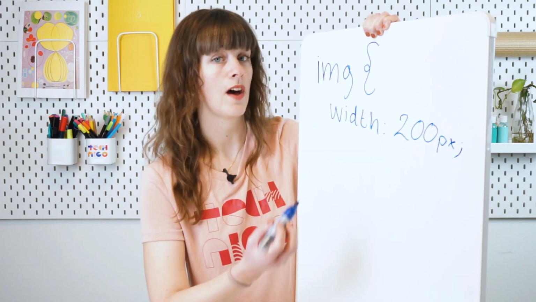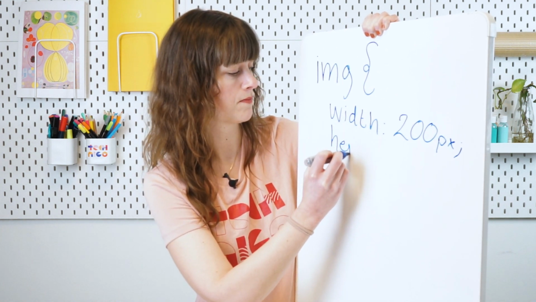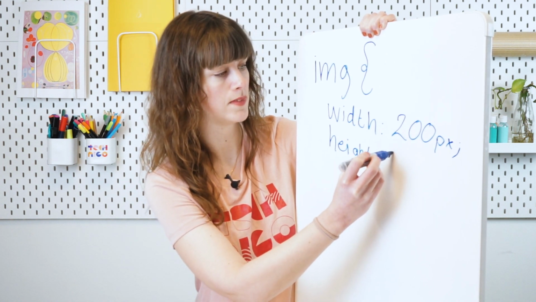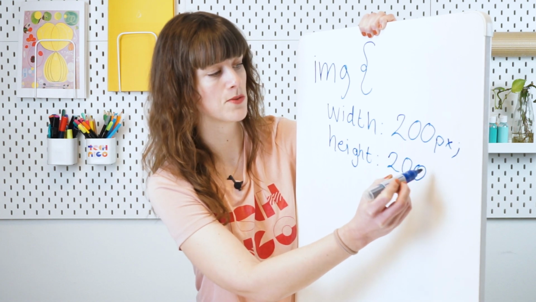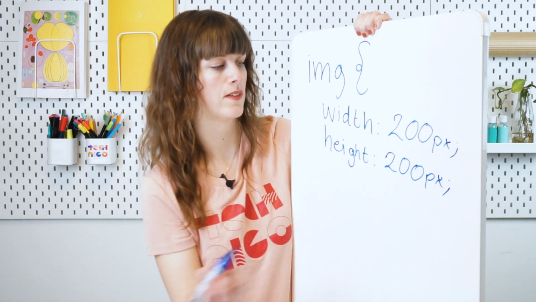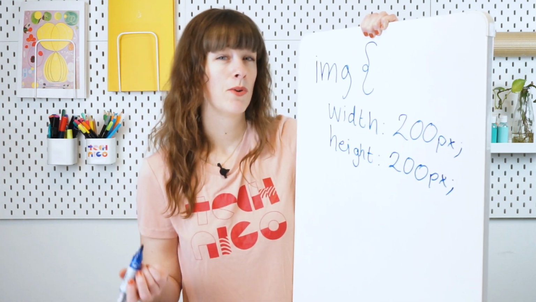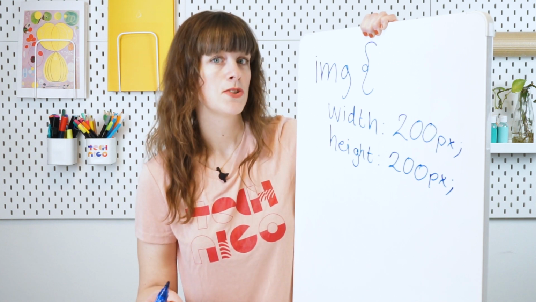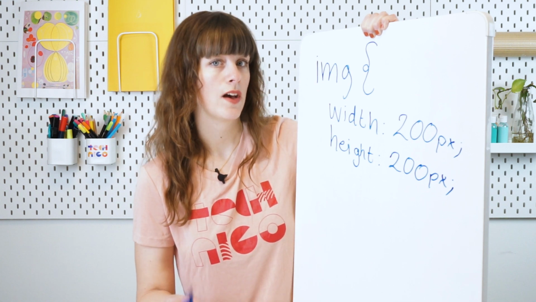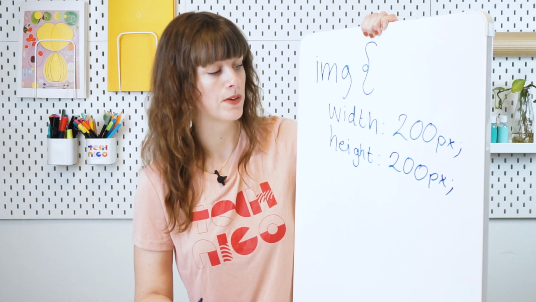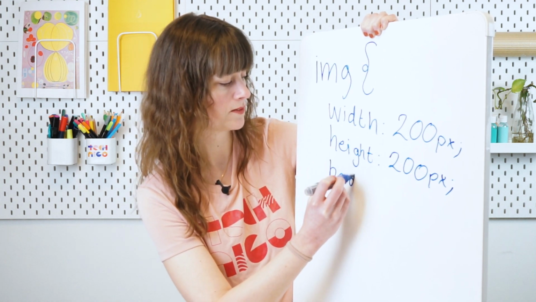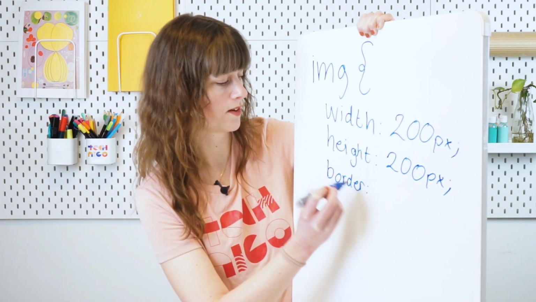I can also specify the height if I want. Colon. And I want it to be square, so I will write 200 pixels here as well. And end with a semicolon. Maybe we also want to add a border around our image. When we use the property border, we need to specify the size, the style, and the color of the border. So I will write the border as a property first, and colon.